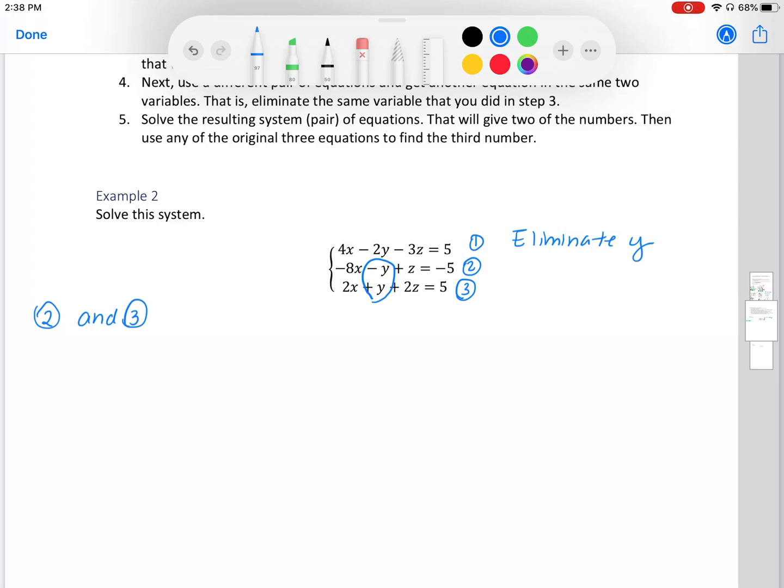So if we eliminate y using equations 2 and 3, I have negative 8x minus y plus z equals negative 5, and 2x plus y plus 2z equals 5. I add them and I get negative 6x. My y's are gone. Plus 3z is equal to 0.